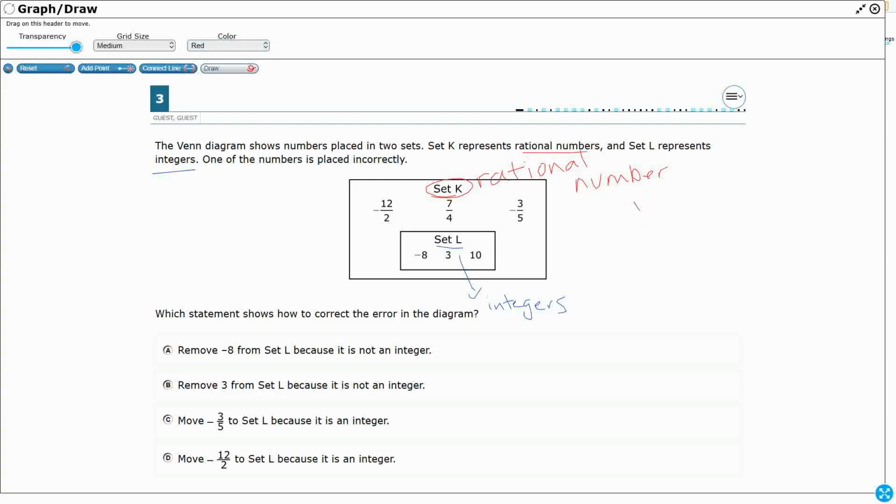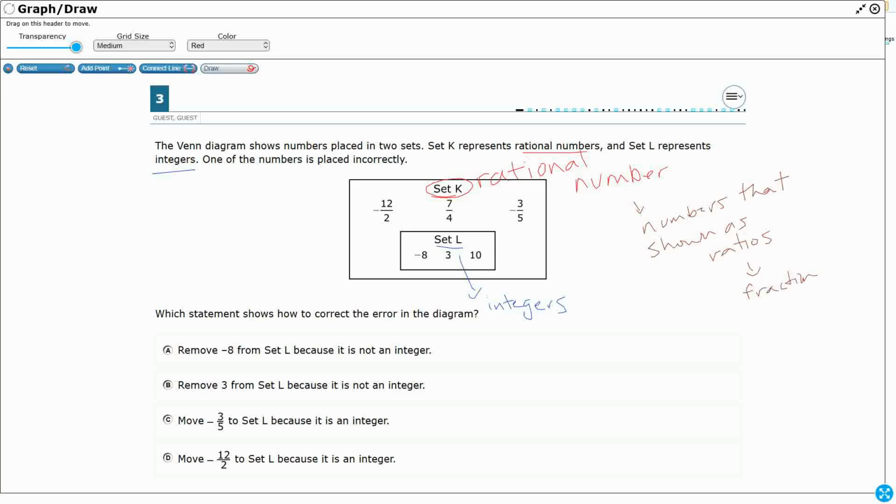All right, so these are numbers that can be shown as ratios. Think of ratio, rational number. A ratio can be thought of like a fraction.